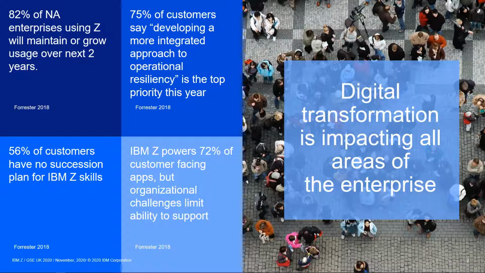So in terms of what we're doing with IBM Z, a couple of the challenges that our customers are facing is, one, the great thing is that they're really pushing the fact that IBM Z is the cornerstone of a lot of what they're doing around IT, and over 80% of our customers are expanding their usage of Z in the next 2 years, or at least maintaining the levels that they're at now.